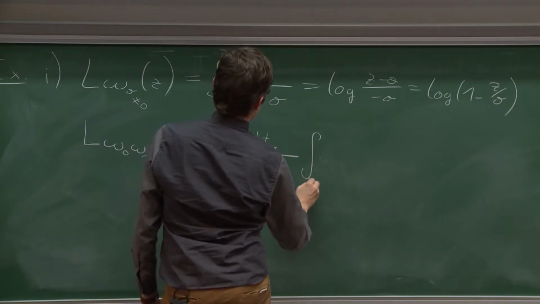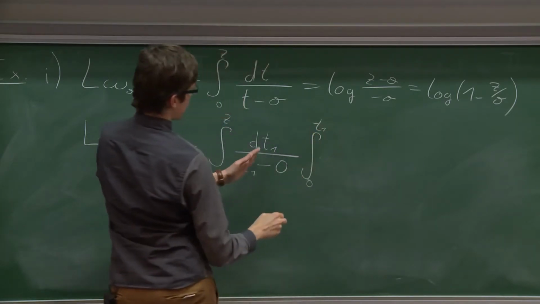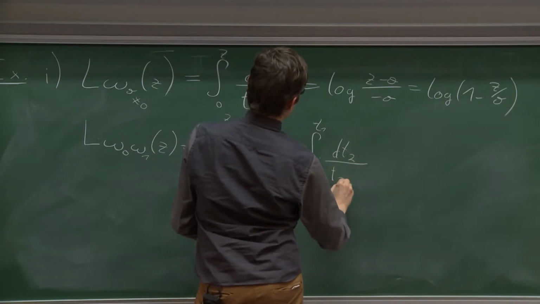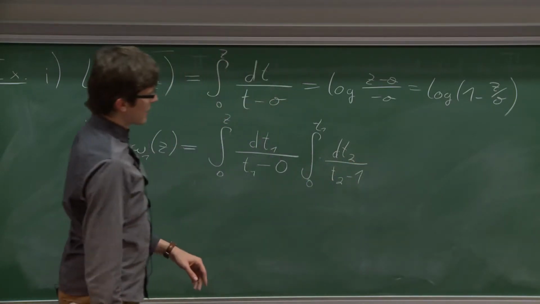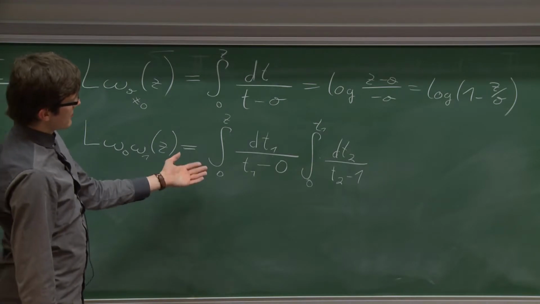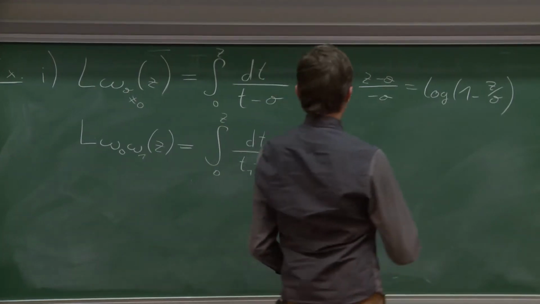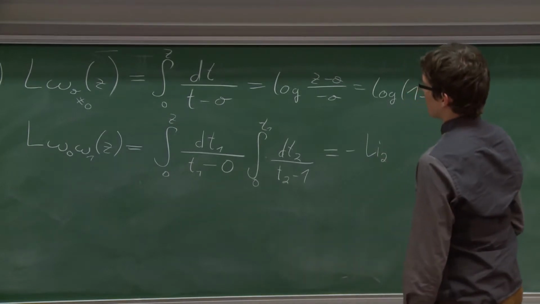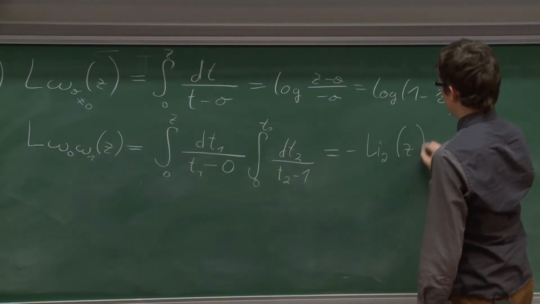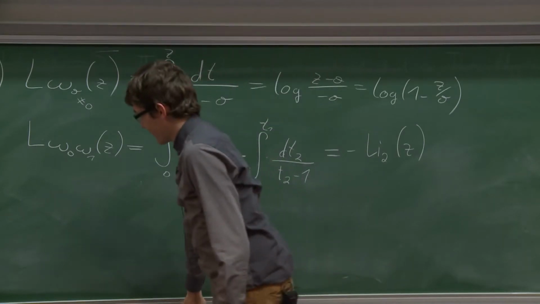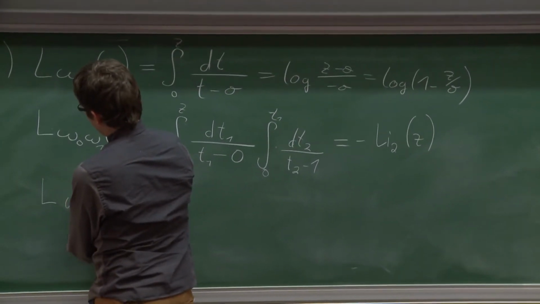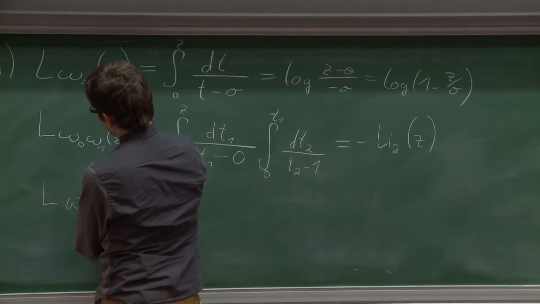And then we have the nested integration dt2 over t2 minus 1. And if you recall, Francis briefly mentioned the iterated integral representation of Li2, so this is actually minus Li2 of Z. And quite generally, when you have L, you have a bunch of zeros.